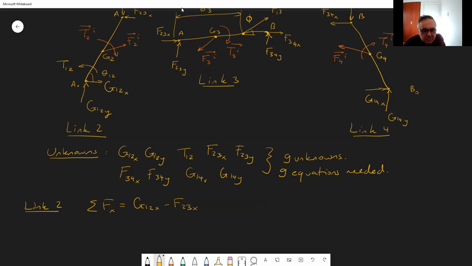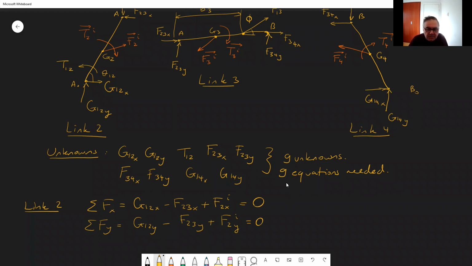We need the x component of that, whatever that is, plus F2 inertia, the x component of it, equals 0. This is known, so it's not a problem. And the summation of forces in the y direction gives G12y minus F23y plus, again, F2I y component, equals 0.